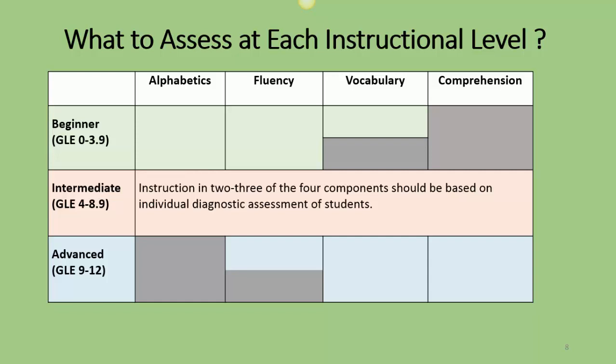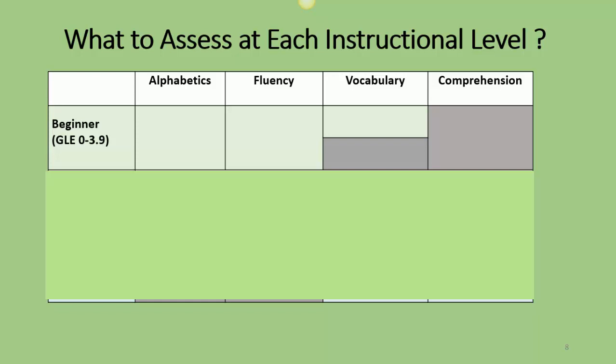So for the beginning level, again, that's 0 to 3.9, because your focus of instruction really is only in alphabetics, fluency, and vocabulary, your priority areas for assessment will be alphabetics and fluency.